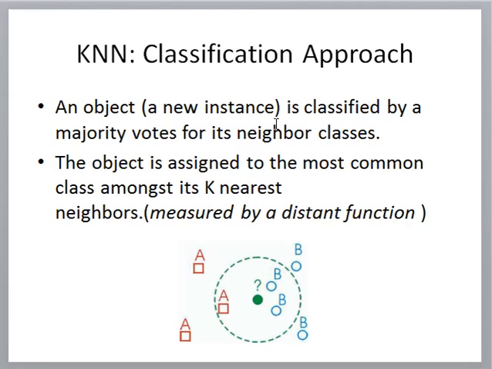The object is assigned to the most common class among its k nearest neighbors, as measured by a distance function. That distance function tells us the distance of the unknown instance to the different instances which act as its neighbors.